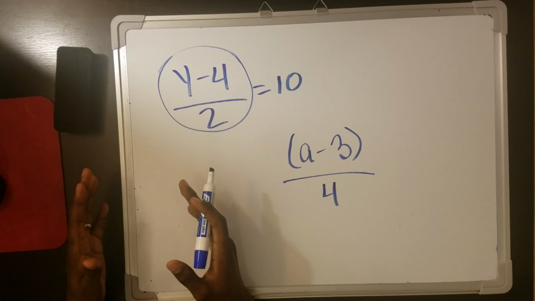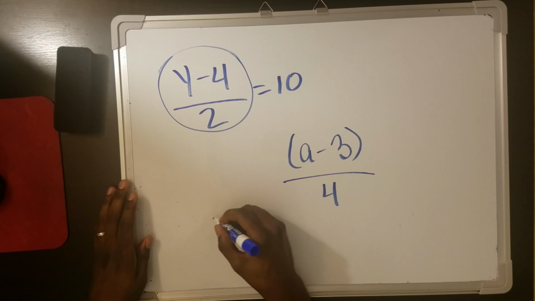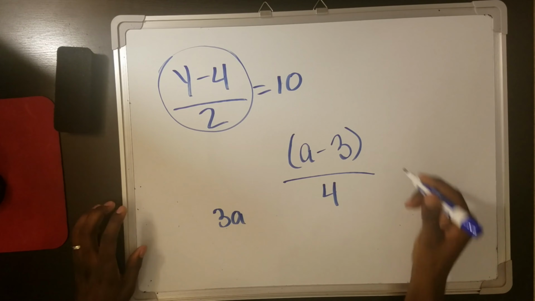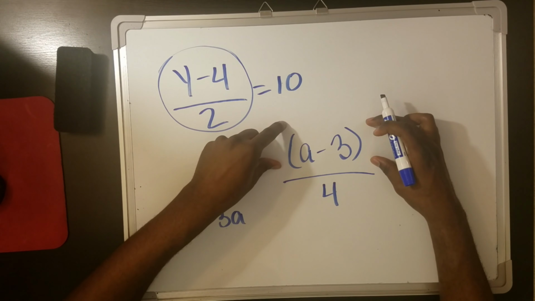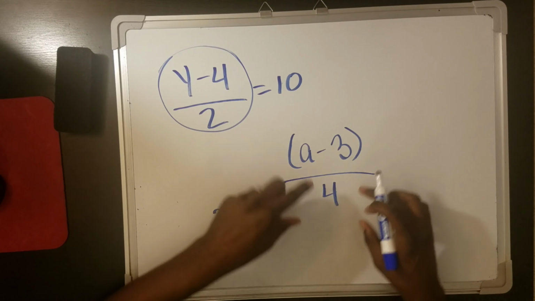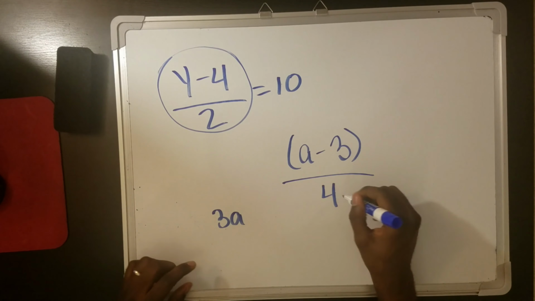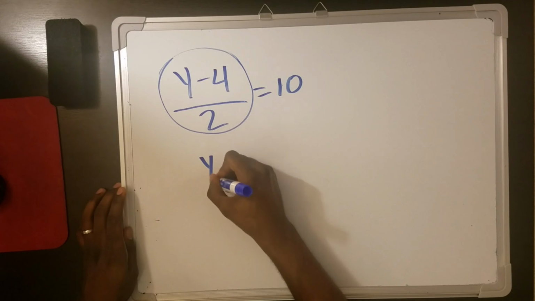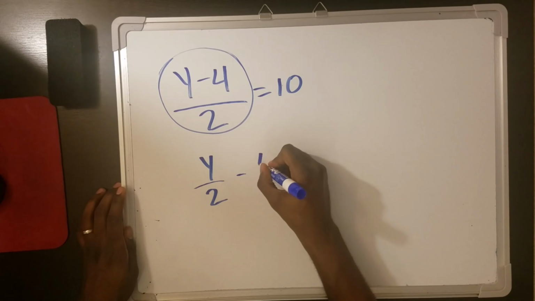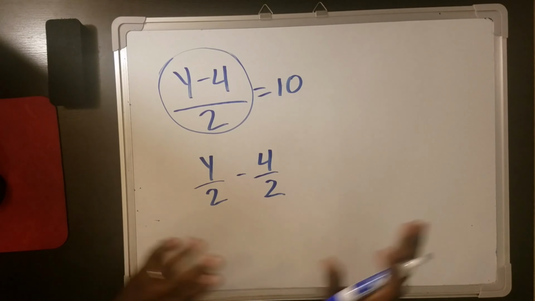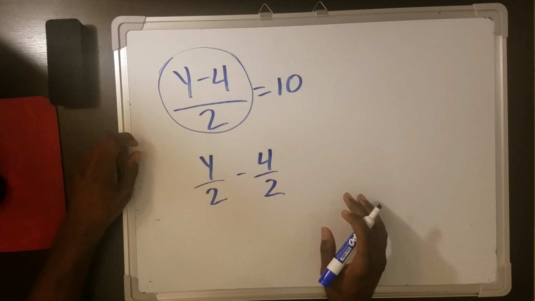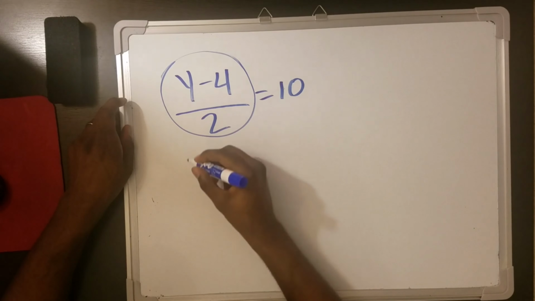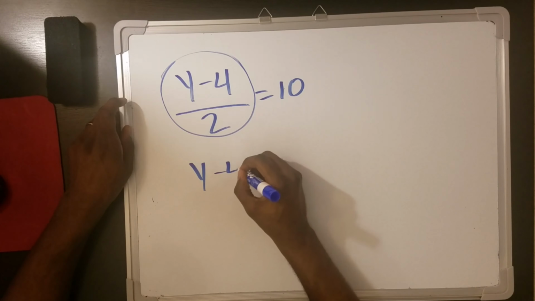The first rule, if it's attached, then you focus on addition. But if you have something all over a number, well, you can't touch this until you get rid of the bottom. Don't worry, like I said, you can always break this up. Y over 2 minus 4 over 2. And then stay with the same things that we did in the first two examples. But if you can remember this rule, you can go from this to something like this.